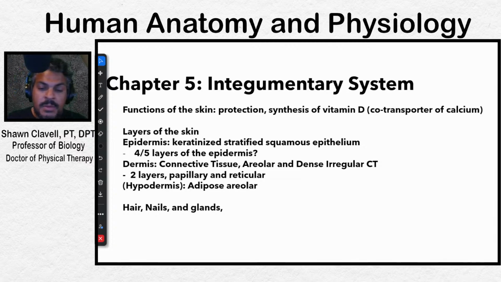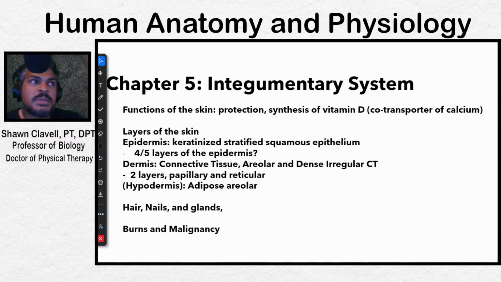All right, and then the last one here is, oh, not the last one. There's a couple. Oh, yeah, there's one more here. Burns and malignancy, or the types of skin cancers that can develop. There we go.